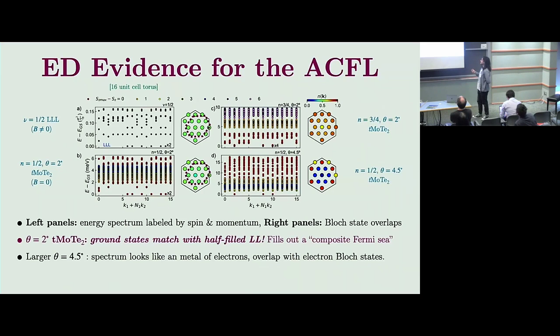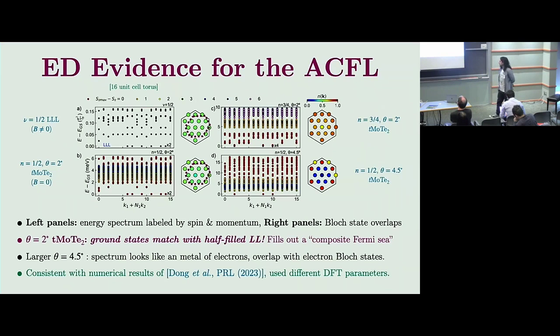By the way, all this is at a twist angle of 2 degrees. For 1/4, it turns out that the matching is, mysteriously, even better with the lowest Landau level case, even for the whole spectrum. I don't know if that will remain true for larger system sizes, but that's kind of cute. All of this is consistent with numerics done by the Harvard group, which used different DFT parameters.